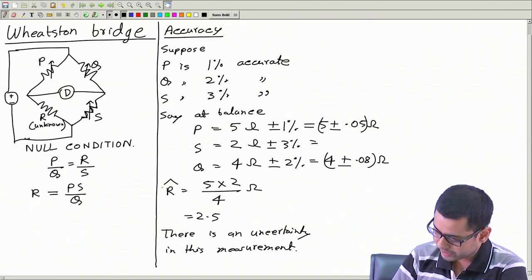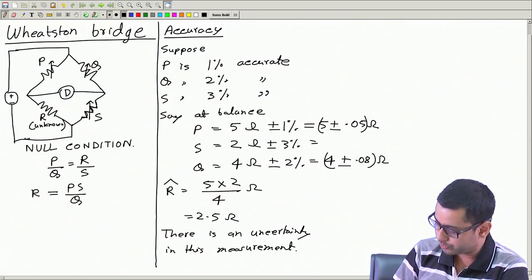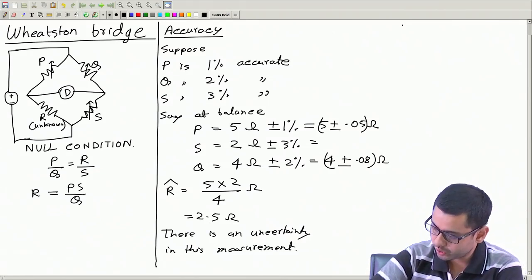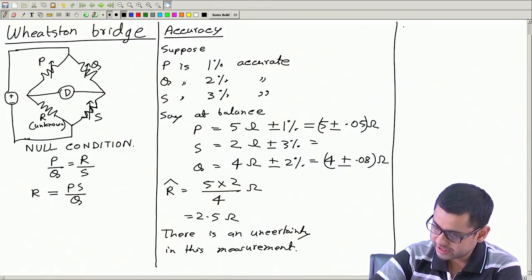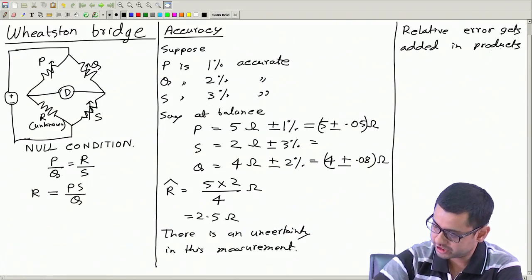So, what is the limiting range of R roughly? R is estimated to be 2.5 ohm, but it is not necessarily exactly 2.5 ohm. It has a range within which R should lie, and what is that range? If you recall, yesterday we have seen that the relative error or percentage error gets added in products and ratios.